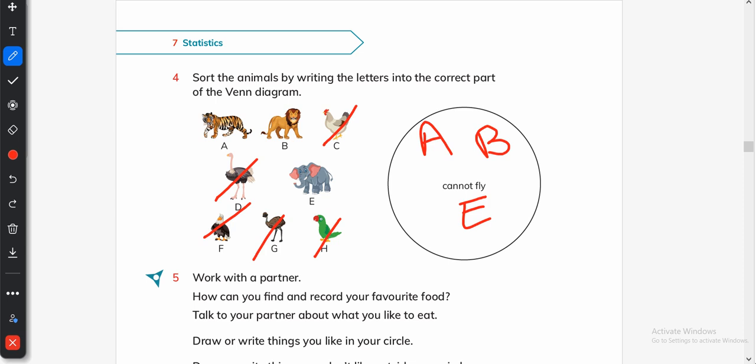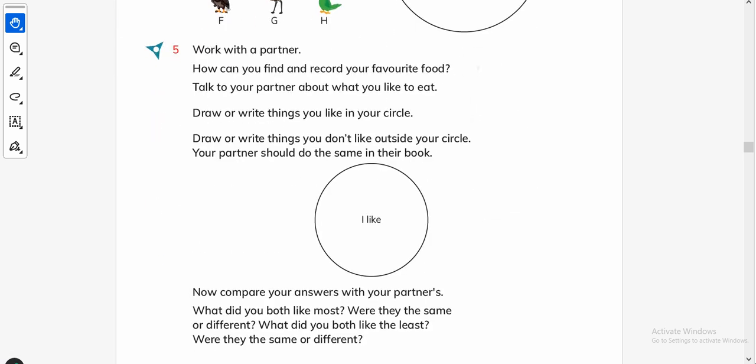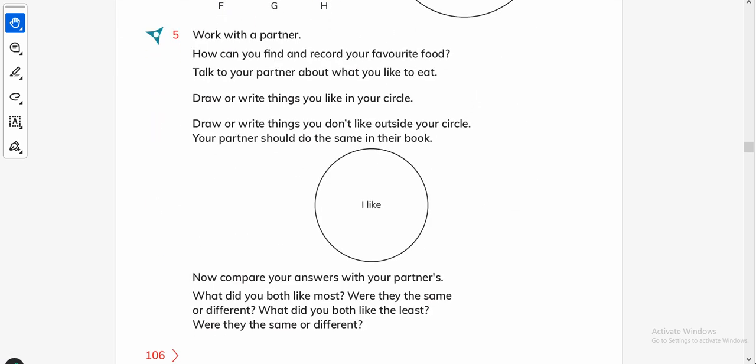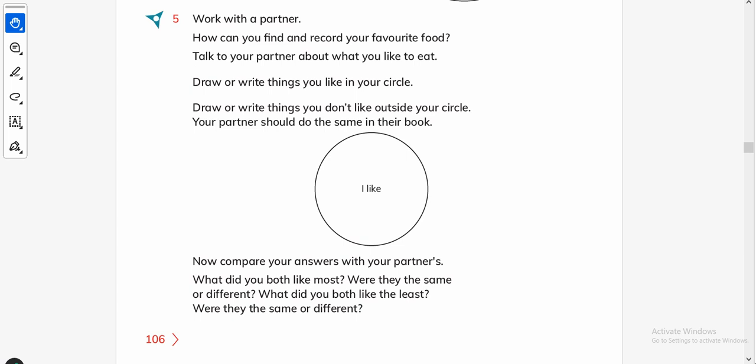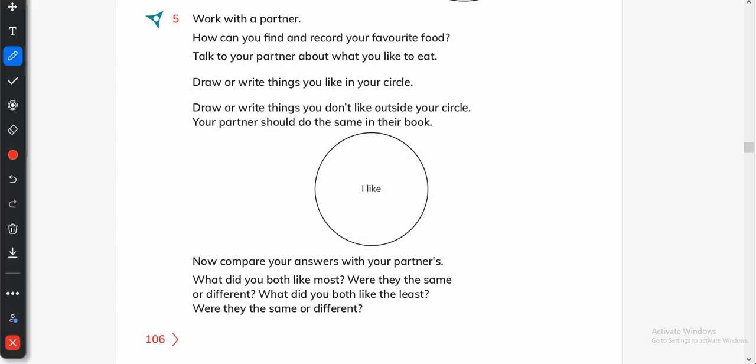How can you find and record your favorite food? We can ask in the class about which food is your favorite. Let's do this question. Wait. It is not about the class, it is about work with a partner. How can you find and record your favorite food?